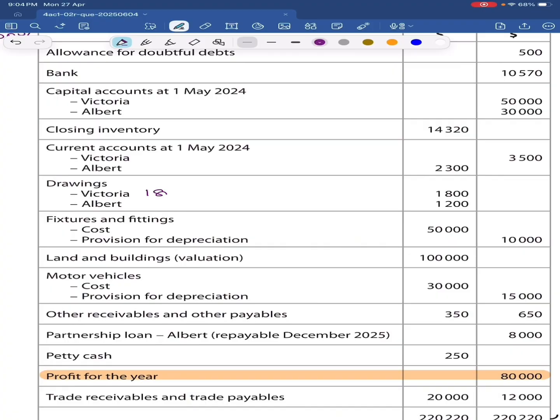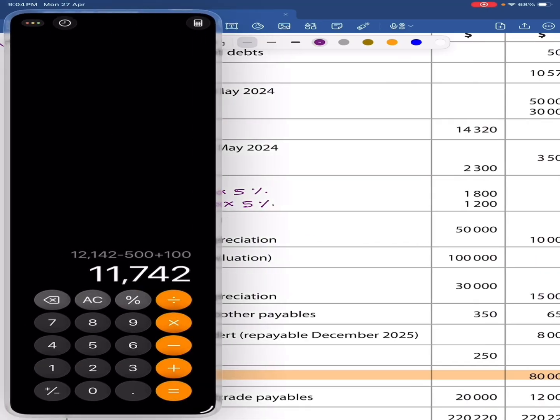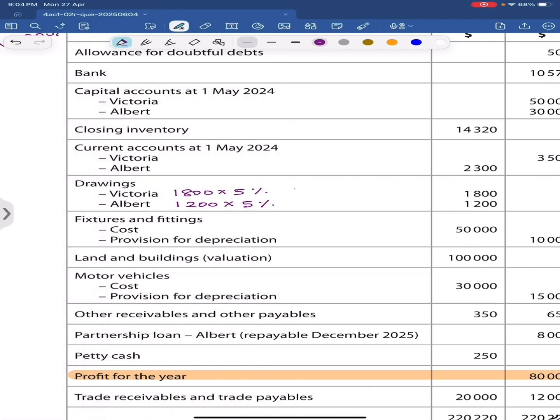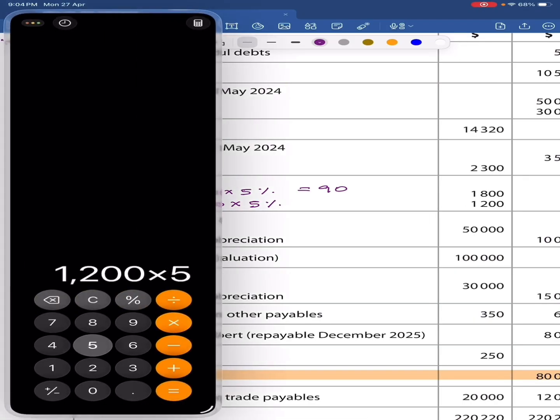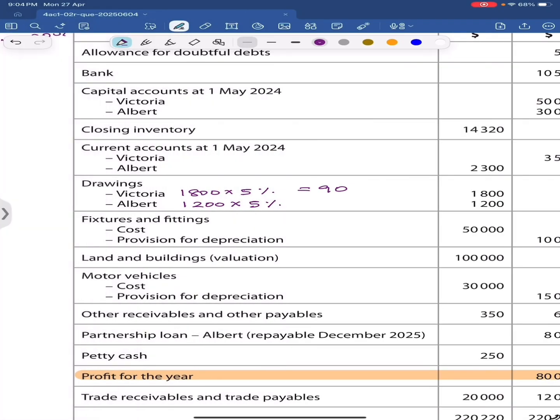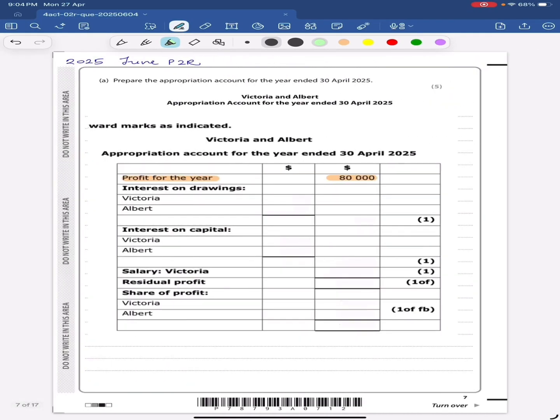You have 1,800 into 5% and then 1,200 into 5%. 1,800 into 5% will give 90, whereas 1,200 into 5% is 60. So we have calculated the interest on drawings for Victoria and Albert. Now let's plug this into the format. For Victoria 90 and then for Albert it's 60.